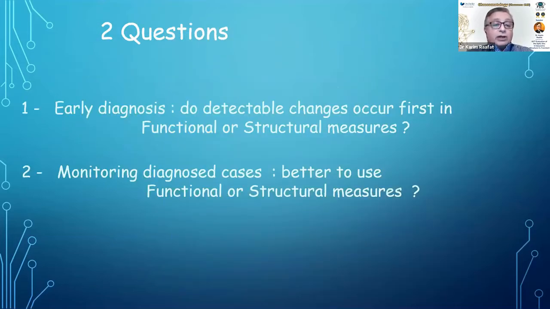First, for early diagnosis, how to detect the changes that occur first, either functional or structural measures. And then in diagnosed cases, how to monitor them, better with functional or structural measures. In this talk, I will try to solve these two questions and see which one to use first, functional or structural, or actually both.